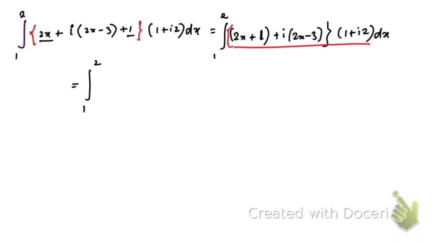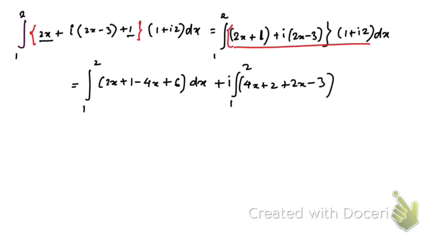So then what we're going to have after multiplication and simplification, we're going to have twice x plus 1 minus 4x plus 6 dx plus i integration 1 to 2 4x plus 2 plus twice x minus 3. So what we have done, we have multiplied this one with this and this one with this, then we have separated the real and imaginary part.